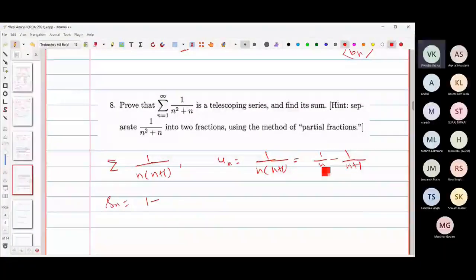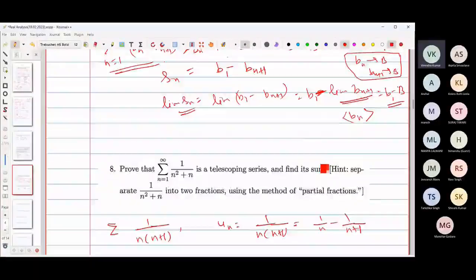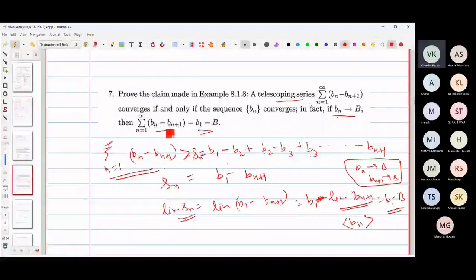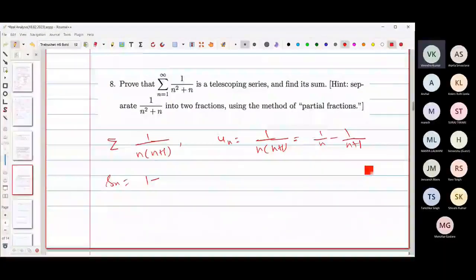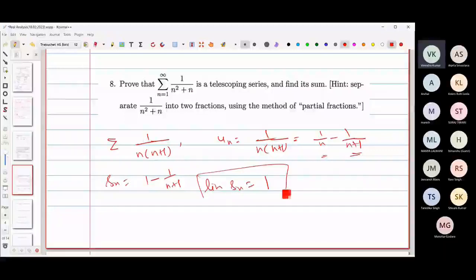So b1, this is the sum of bn minus bn plus 1. So the sum of the first n terms is going to be this. And when we compute the limit of Sn, it is going to be 1.